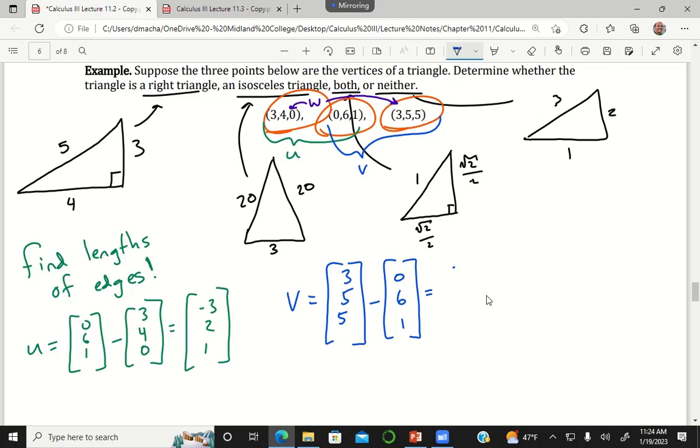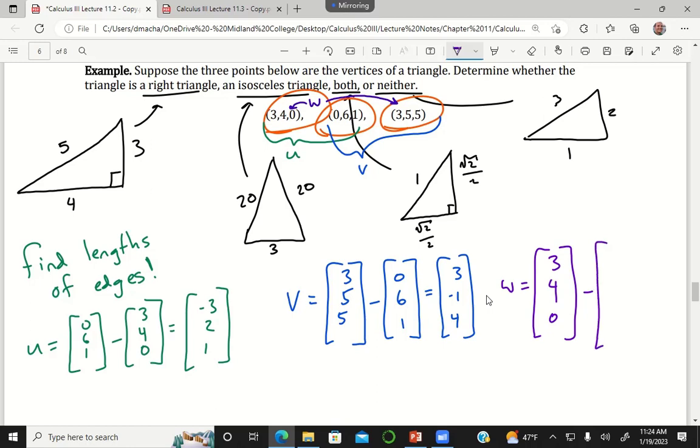And that is going to be 3, negative 1, 4. And then lastly, w is going to be 3, 4, 0 minus 3, 5, 5. And so that one is 0, negative 1, negative 5.